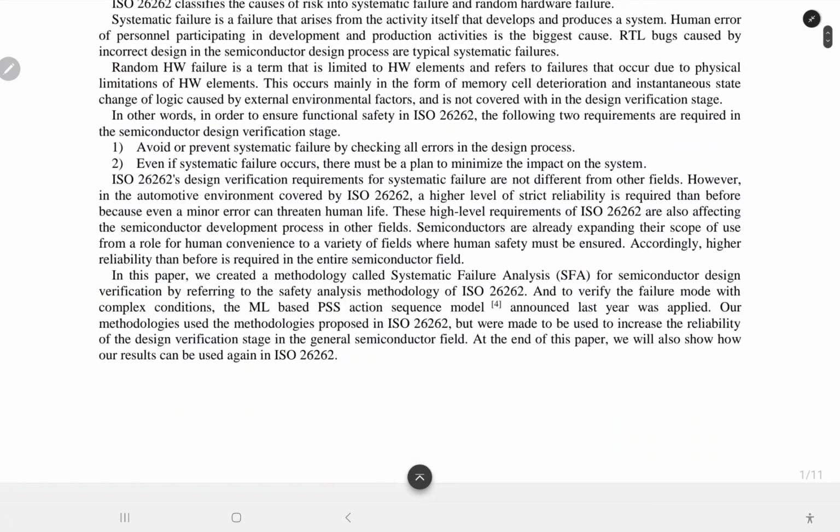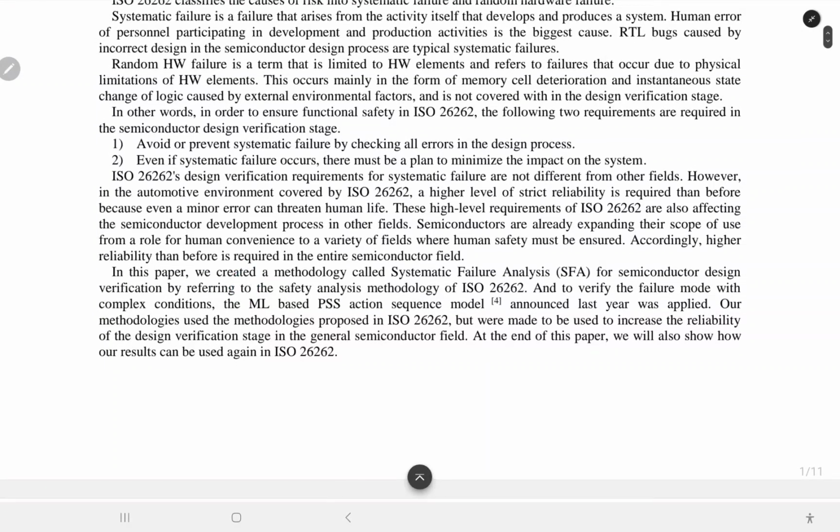So in this paper, we created a methodology called Systematic Failure Analysis, SFA, for semiconductor design verification by referring to the safety analysis methodology of ISO 26262. To verify the failure modes with complex conditions, the ML-based PSS action sequence model announced last year was applied.